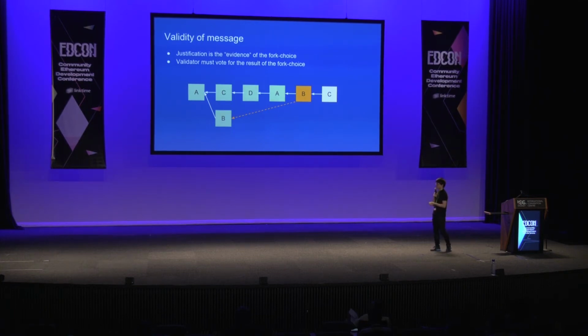So justification is essentially the evidence of the fork choice. The estimate, which is the block the sender votes for, must be the result of the fork choice. So the good point of having justification in messages is that you can detect certain kinds of Byzantine behavior.